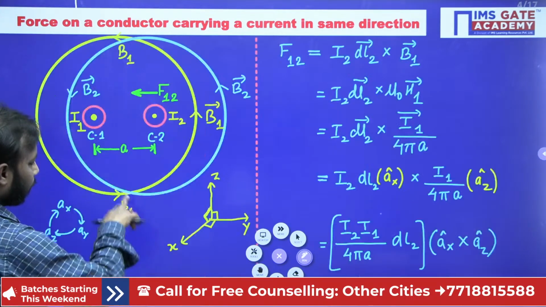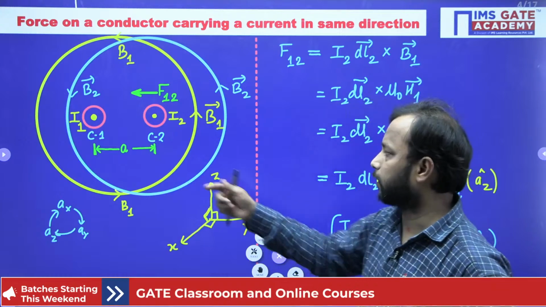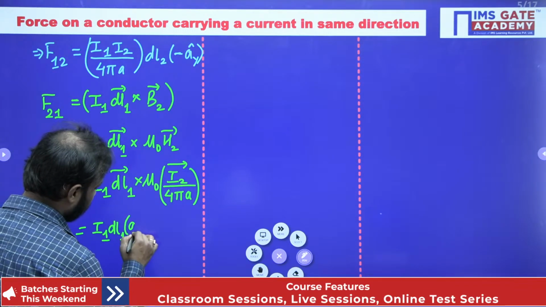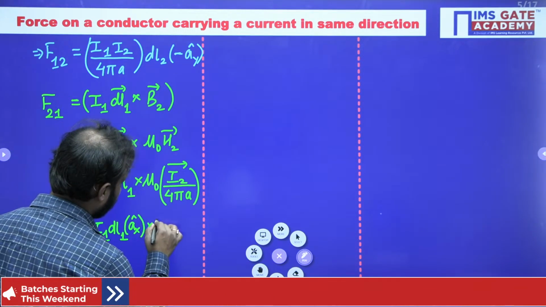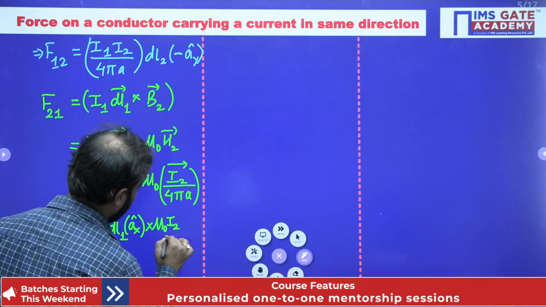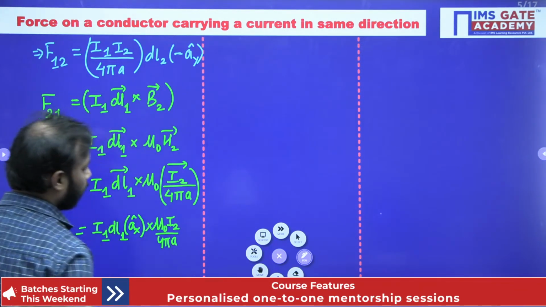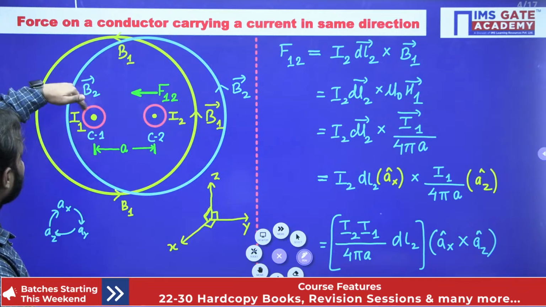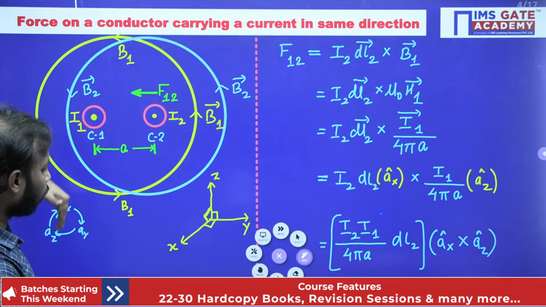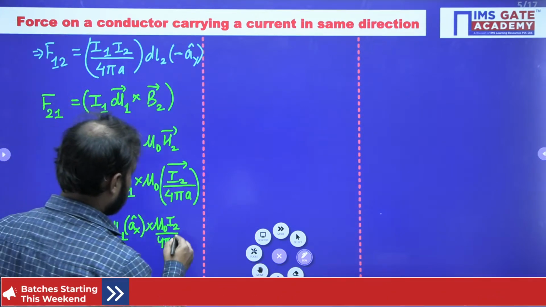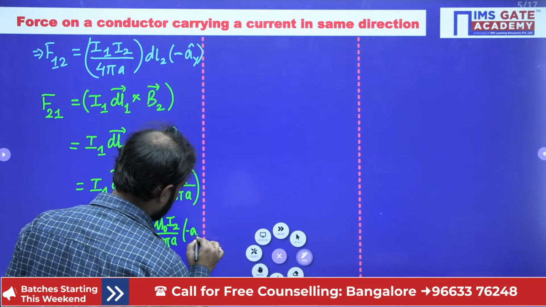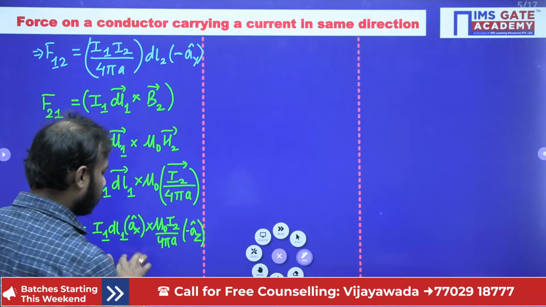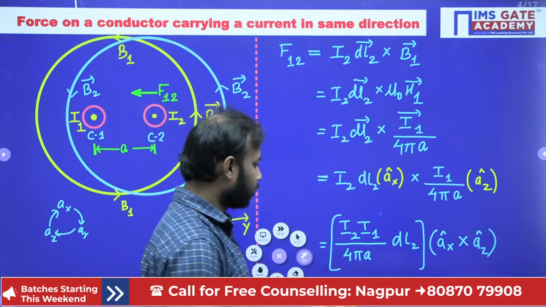And what is the direction of del L1? It will be in the current direction. So it is outward, so AX. So this will be the AX vector into mu naught I2 upon 4 pi A. And what is the direction here for the magnetic field B2? B2 is downward. See here, in this conductor, the B2 direction is downward. So downward means minus AZ vector.